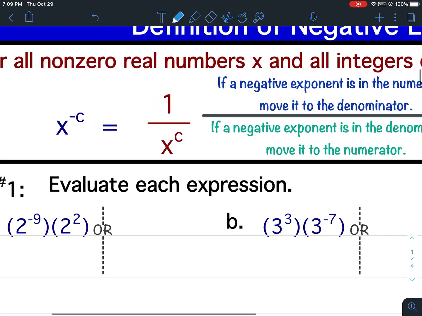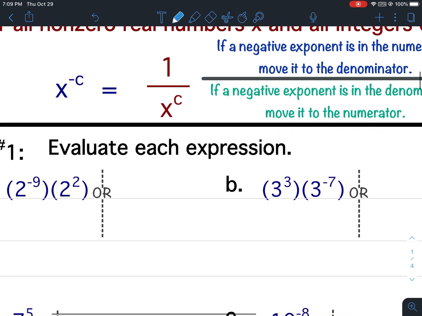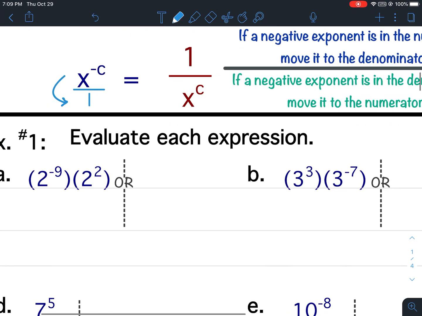Okay, so if we look at this one, the x to the negative c, if I put that over 1, well, to make that positive, I flip it. In other words, the x to the negative c was in the numerator, it moves to the denominator and becomes positive.